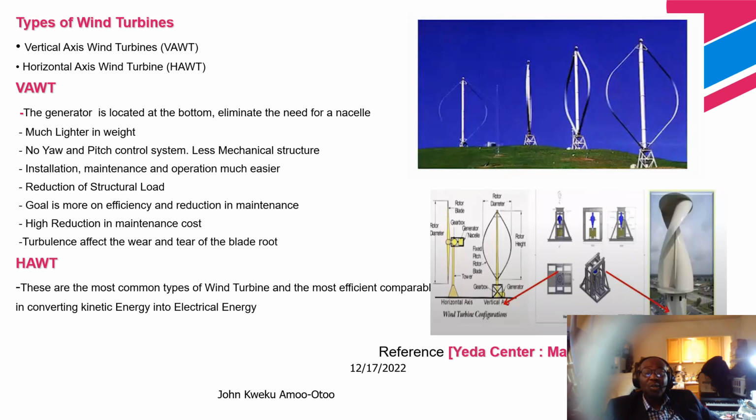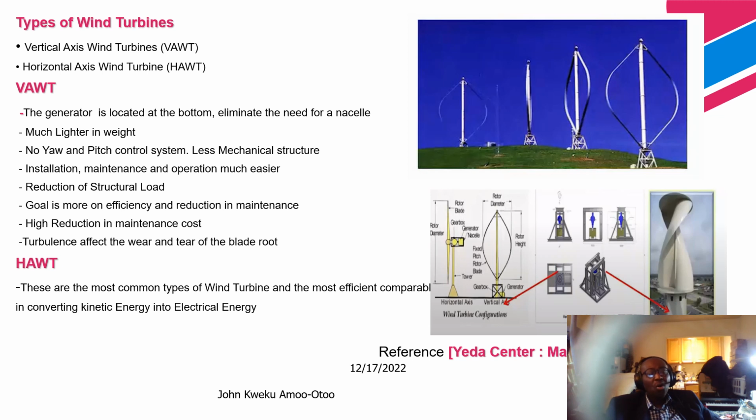So we don't have that huge nacelle structure as in offshore wind farms or other horizontal axis wind farms. Next, it's much lighter in weight. If you don't have those huge blades and the nacelle and turbine located on top, this structure is going to be lighter compared to the horizontal axis wind turbine.